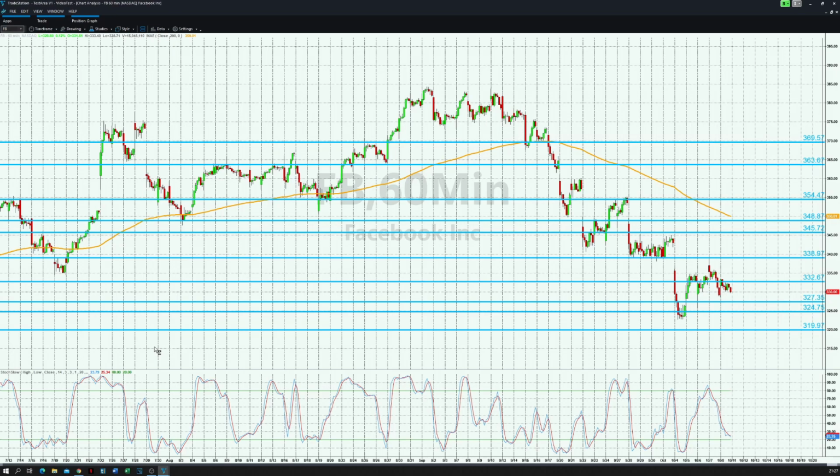I call it continuation. With reversal, there are two types, of course: the reversal to the upside and the reversal to the downside. And with continuation, you have continuation of the trend up and continuation of the trend down. So let's start and find divergence.